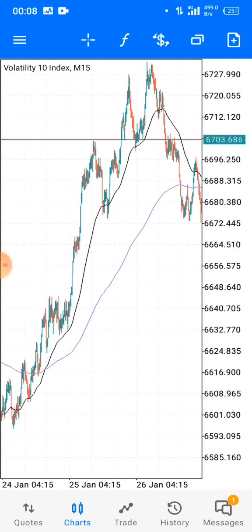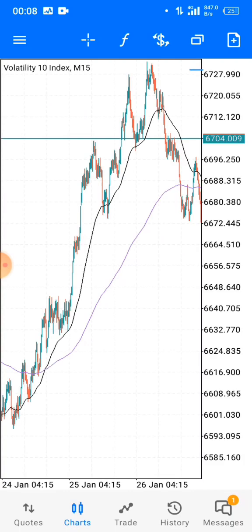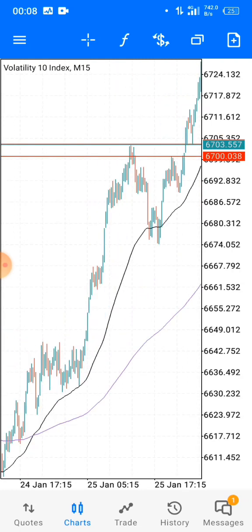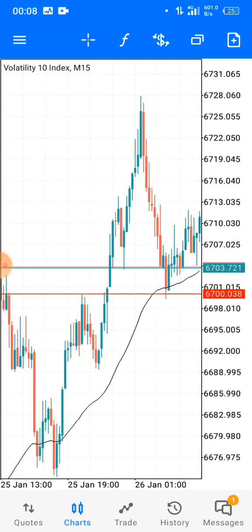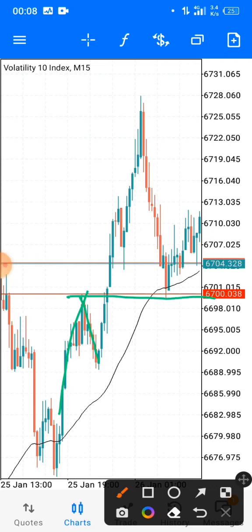So in a case like this, right, the market goes up and rejects over here, so it creates the resistance over here, right?